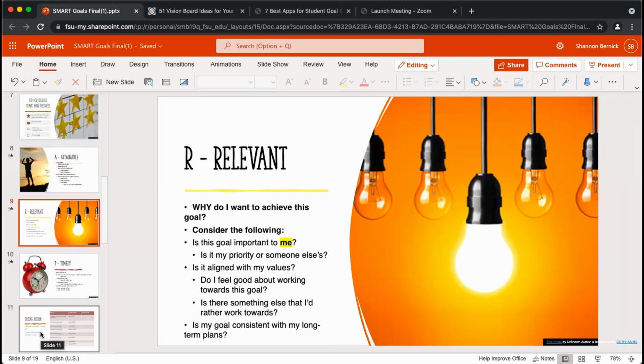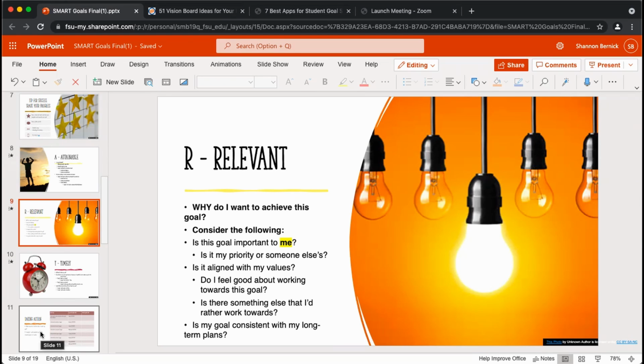But maybe being a medical doctor doesn't really speak to someone. Maybe that's not really where their interest lies. Maybe they're more interested in studying environmental sciences or environmental law rather than studying the human body in a medical capacity. So, you really want to think about why you want to achieve this goal.